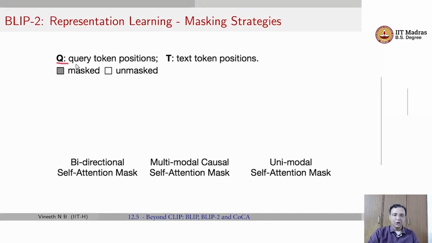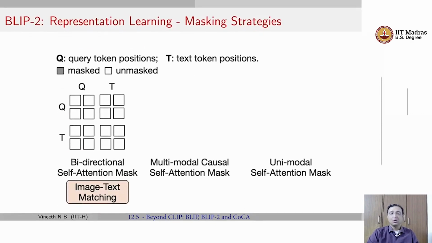Given Q query tokens and T text tokens, the shaded blocks are masked and the unshaded ones are unmasked. In the bidirectional self-attention mask, which is used for image-text matching, they allow the query tokens and the text tokens to completely be matched with each other both ways.